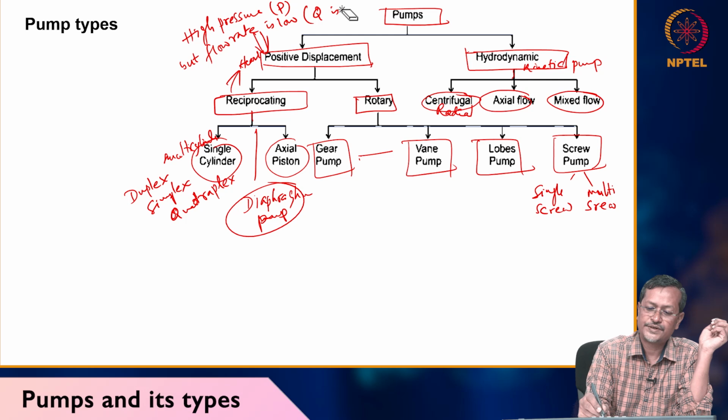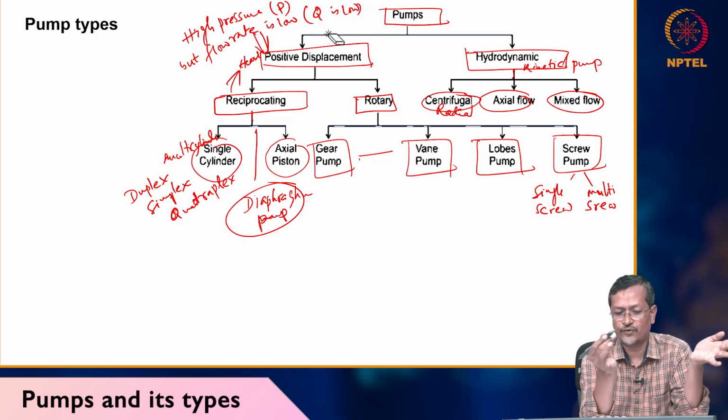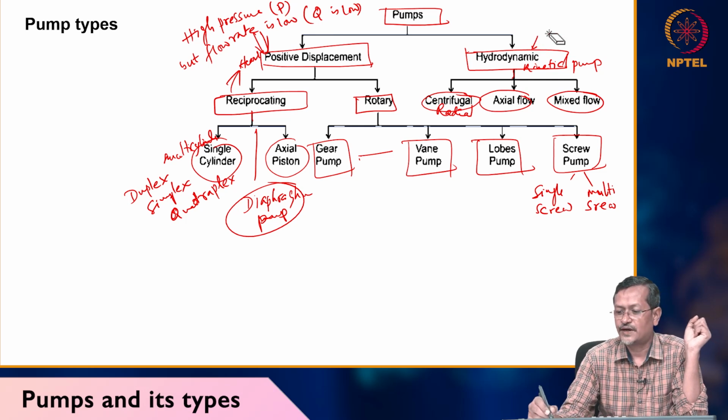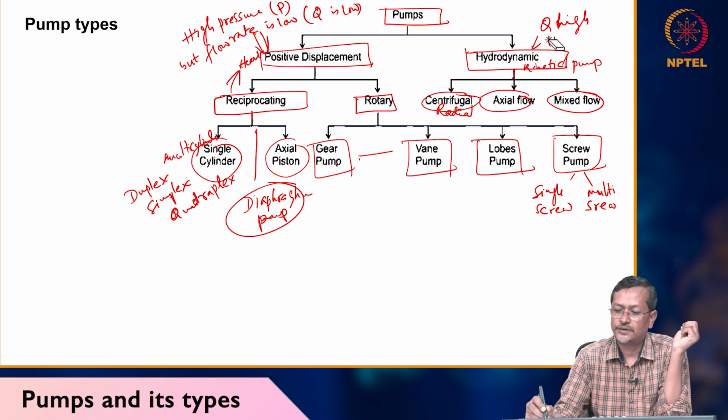Q is low. I'll be using the symbol Q for flow rate every time. High pressure, P is high. But in a hydrodynamic pump, the flow rate is normally high, Q high, and pressure P is low.